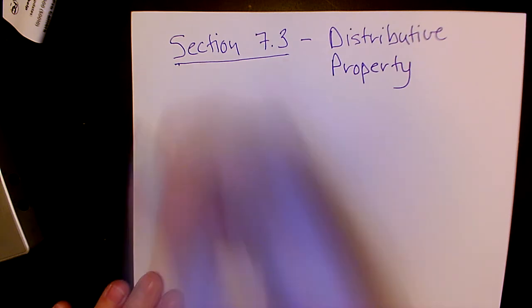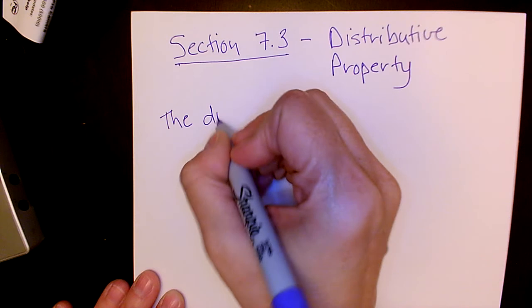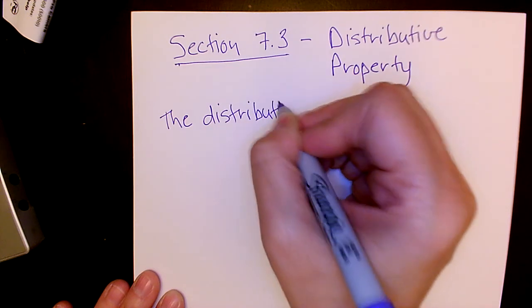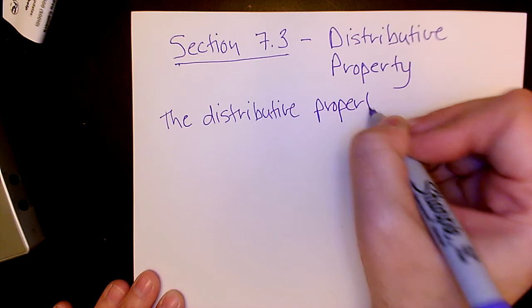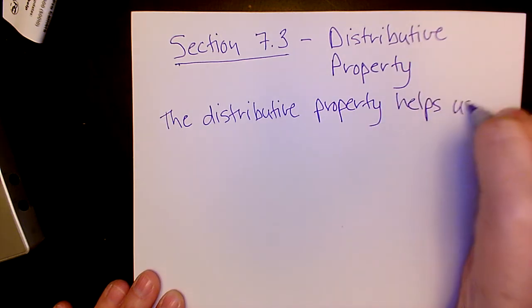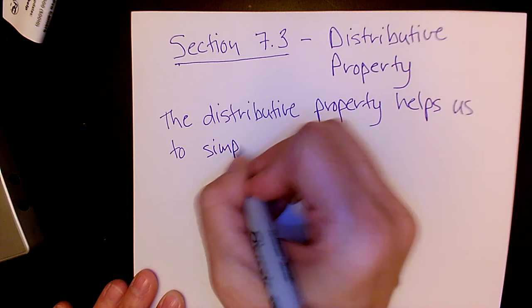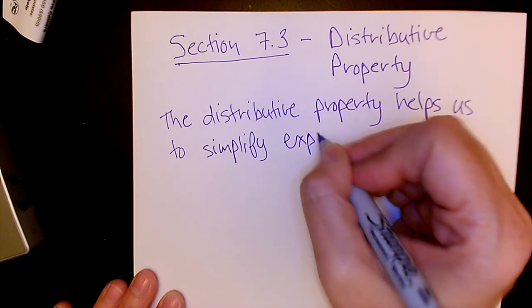So this property, the distributive property, helps us to simplify expressions.